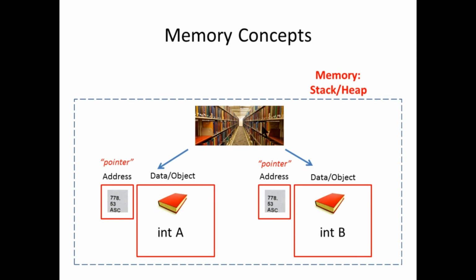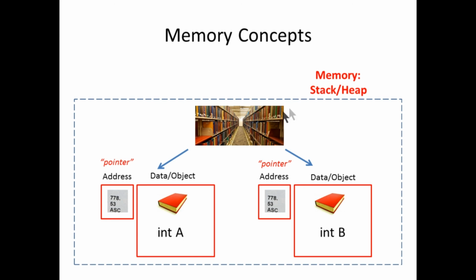And this concept of libraries and addresses and data objects also applies in the memory of your computer. So it's not only in software development, it's actually in the lower level memory, the RAM of your computer, where we have stacks and heaps. Again, we talked about stacks in a library. The arrangement of your RAM in your computer is the same concept.